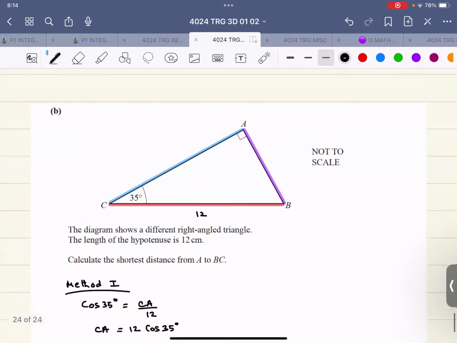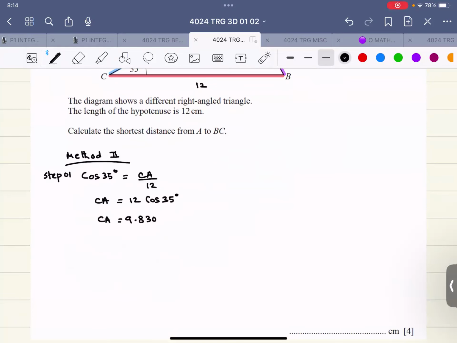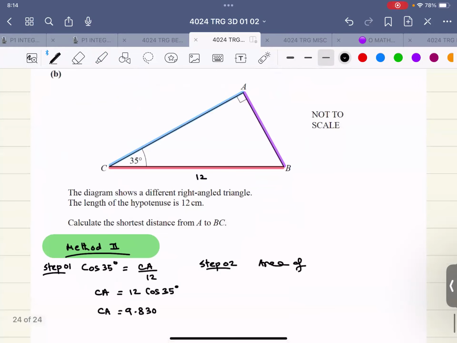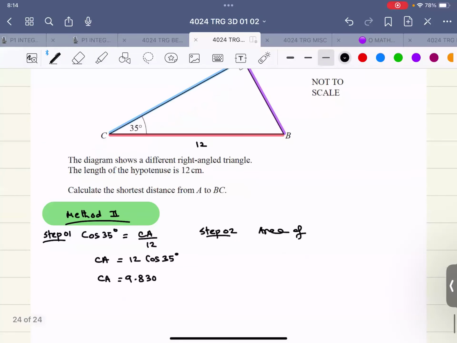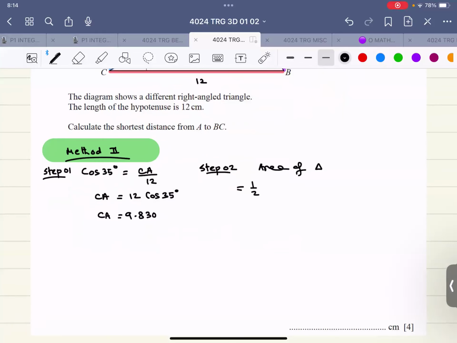Now, this is step 1 of method 2. Okay, now what is step 2? Step 2 is the area of the big triangle, that is ABC, which is half AB sine C. That is half, and this is 12, and 9.830, into sine of 35 degrees.